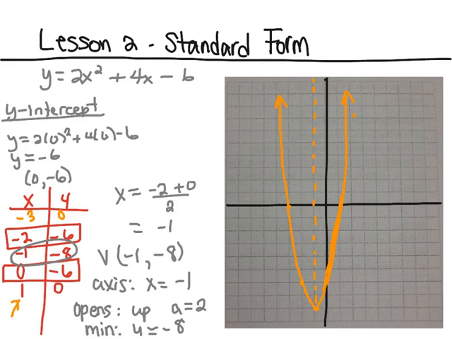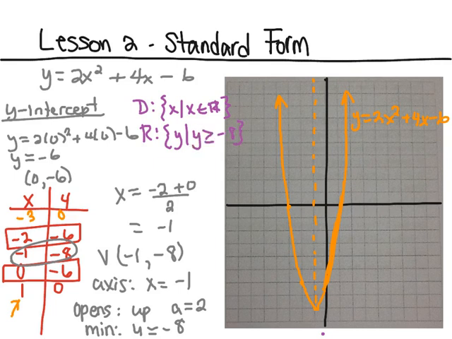And we'll label it y equals 2x squared plus 4x minus 6. And we need to find our domain and range, just for good practice. So we know that domain is x such that x is an element of the real numbers. And we want range to be greater than our minimum, so y is greater than or equal to negative 8. So that is our graph.